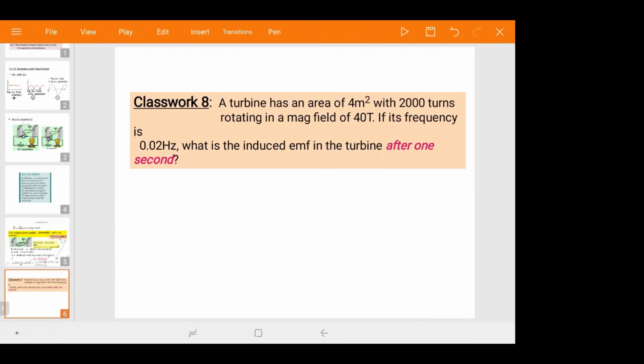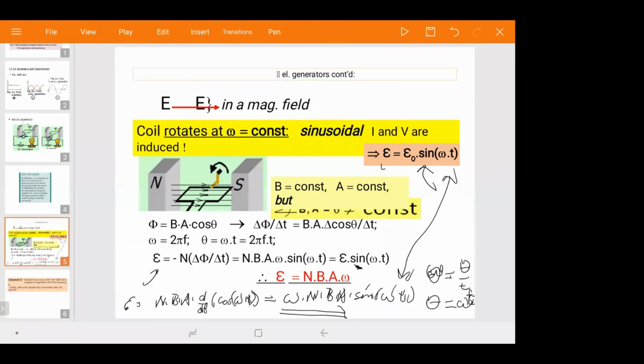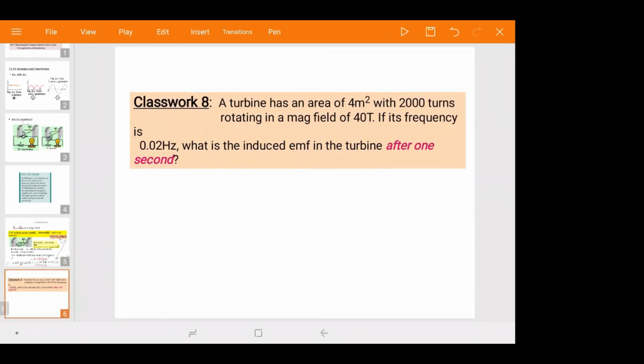Well, if you substitute 1 second in the "after 1 second," you get N B A omega in front.